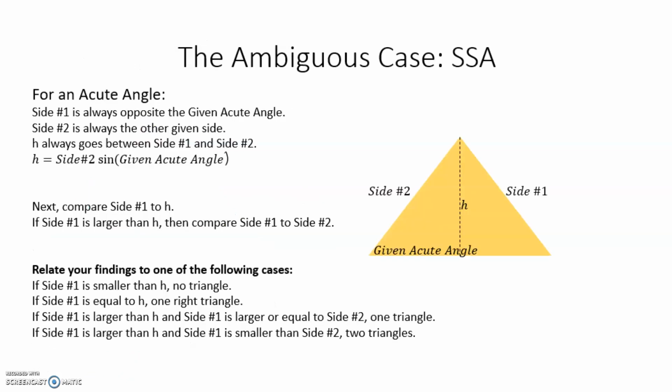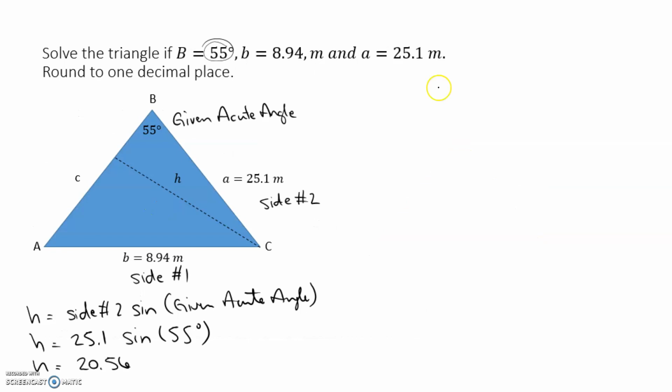All right. Then it says, next compare side 1 to H. So side 1 is 8.94. That's my side 1. I'm going to compare that to H, which is 20.56. And we see that H is much bigger than the 8.94.